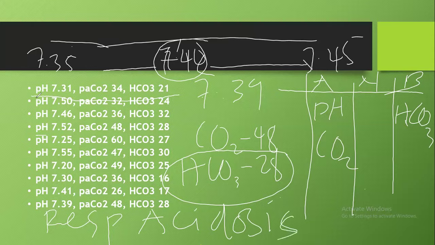Now, this is where our compensation will come in. I said that for you to have a full compensation, the pH should be within the normal range, but it should be towards a certain direction. In this instance, there is a compensation going on because you could see that the bicarbonate has increased, trying to bring in more base.